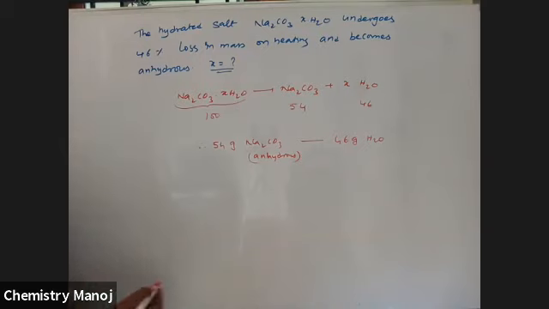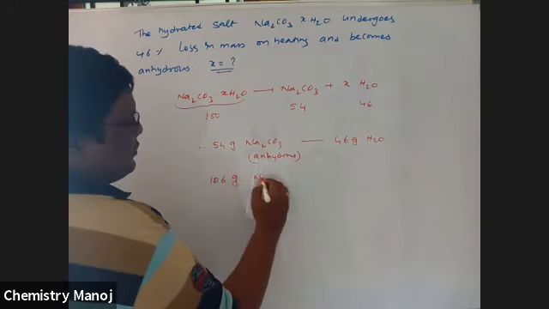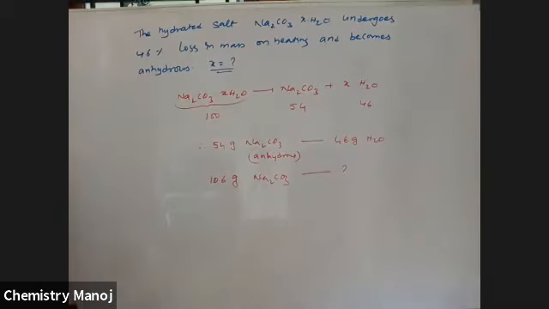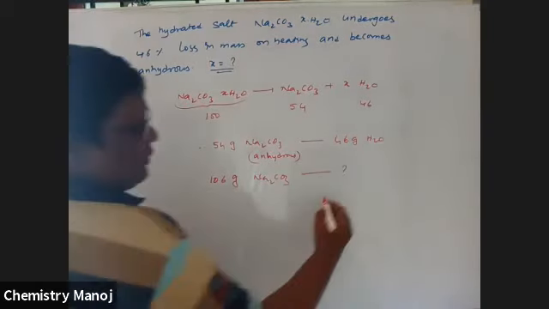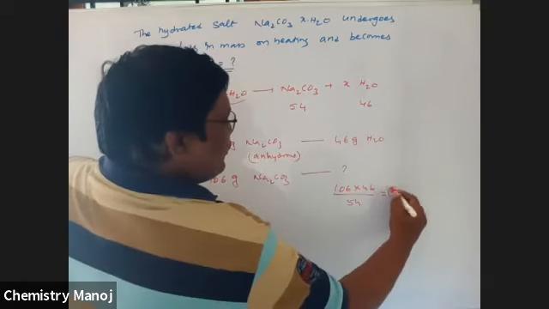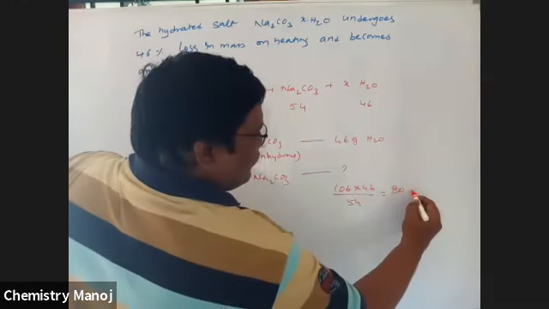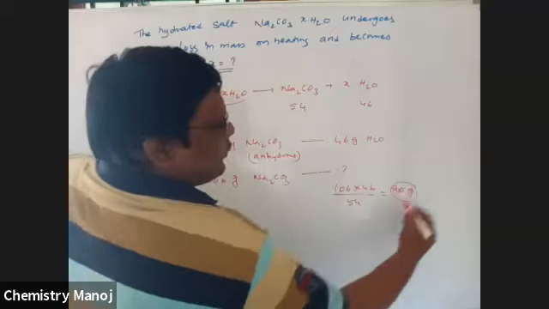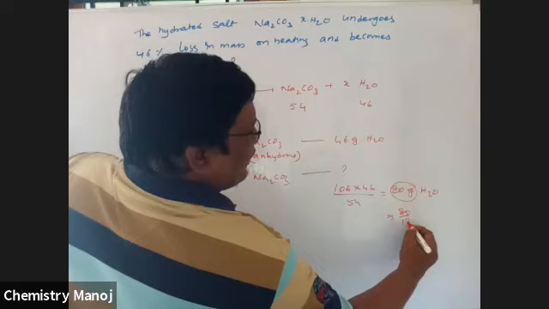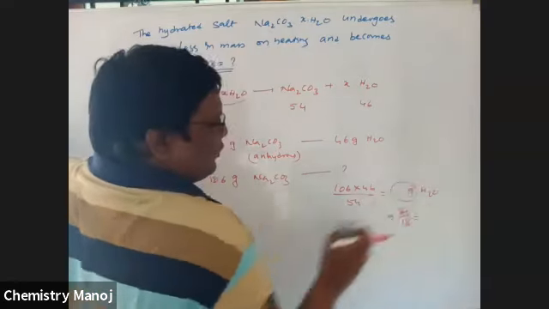46 grams of water. Now, Na2CO3 molecular weight is 106, and 106 grams of Na2CO3 contains how much water? That is 106 into 46 by 54, which is equal to 90 grams of water.